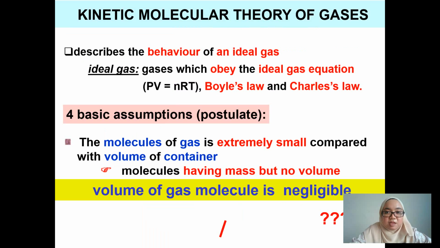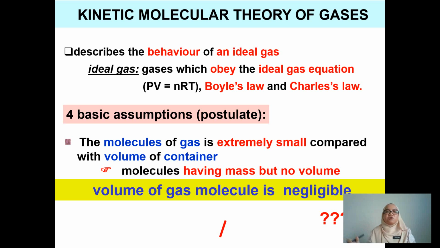Alright. Next, we are going to move on to the kinetic molecular theory of gases. This kinetic molecular theory actually describes the behavior of an ideal gas. So, what is an ideal gas? An ideal gas is a gas which obeys the ideal gas equation, PV equals nRT.